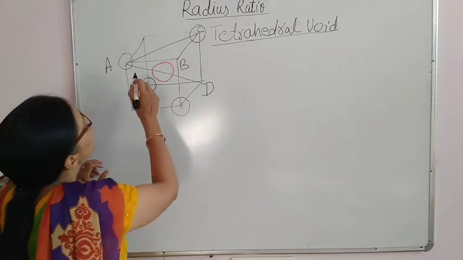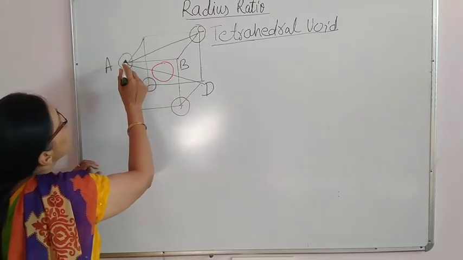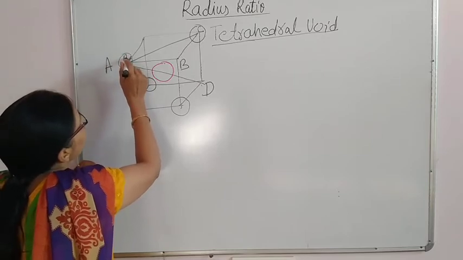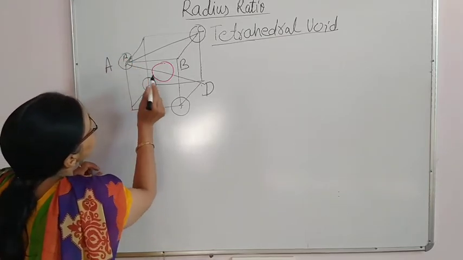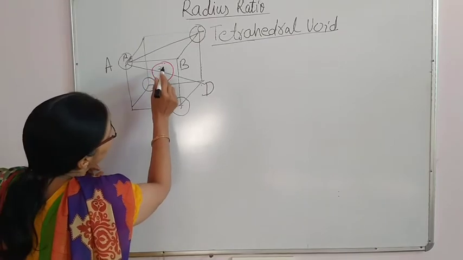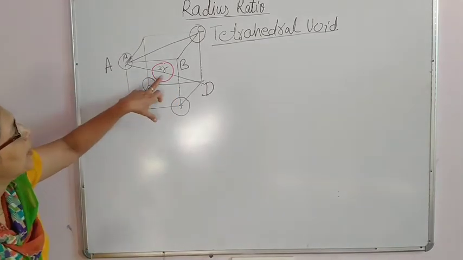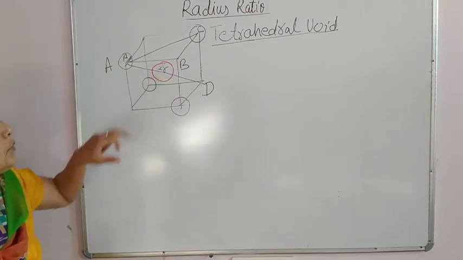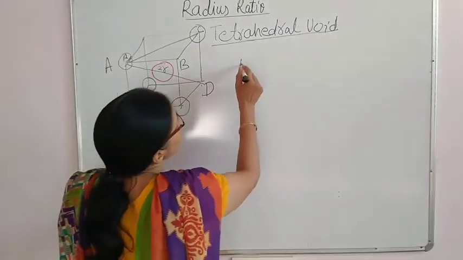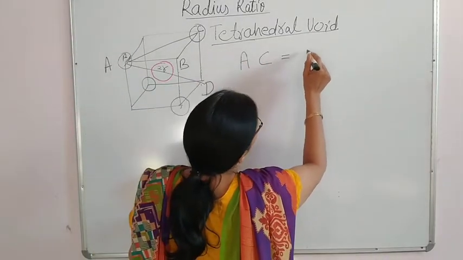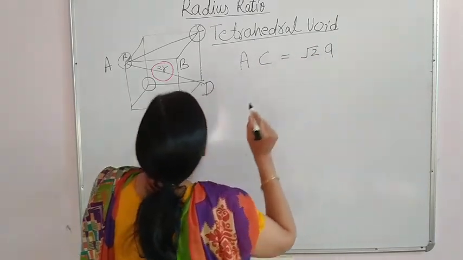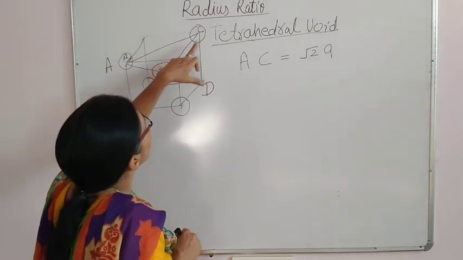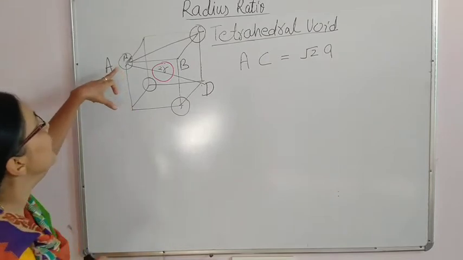Okay, so if capital R is the radius of the atom and small r is the radius of the void, then this red colored circle's diameter will be equal to 2r. According to previous knowledge, AC is equal to root 2 a, and here AC is the sum of the radii R and R. At position A one atom is situated, and at position C also one atom is situated.